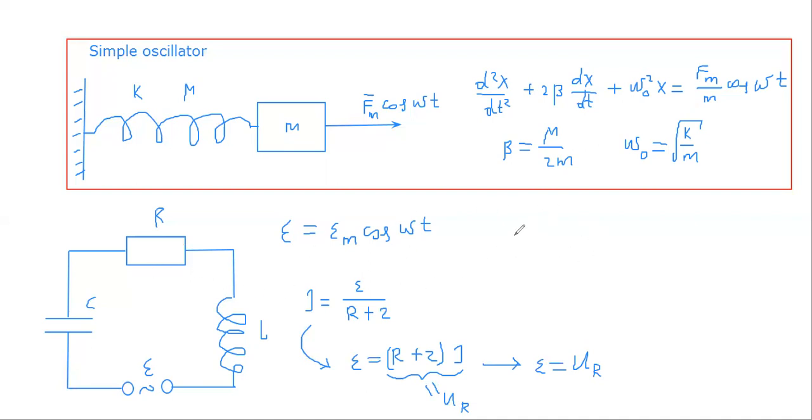In a similar way, we can write that this is electromotive force plus electromotive force of self-induction, and this is equal to voltage on resistance plus voltage on capacitor. Okay, do you have any questions about this?